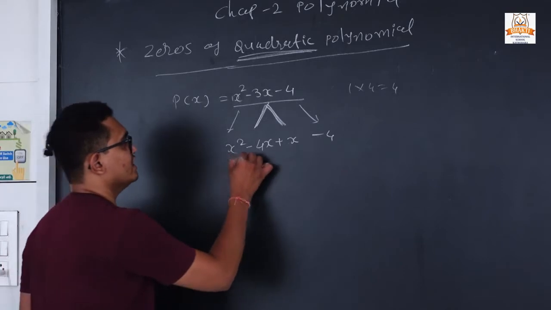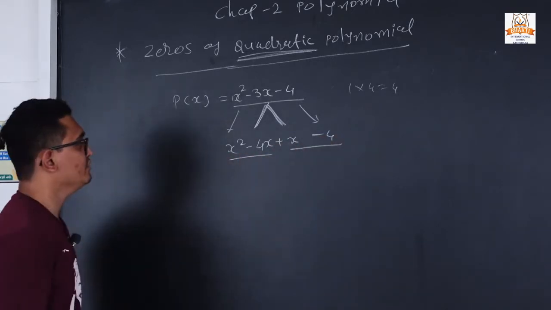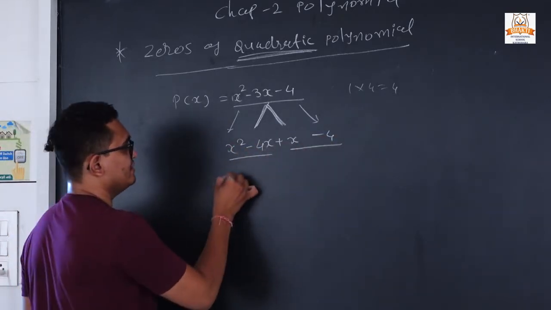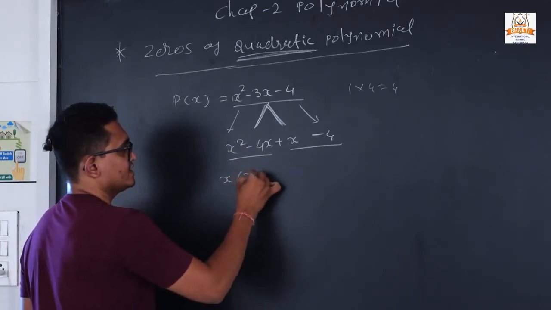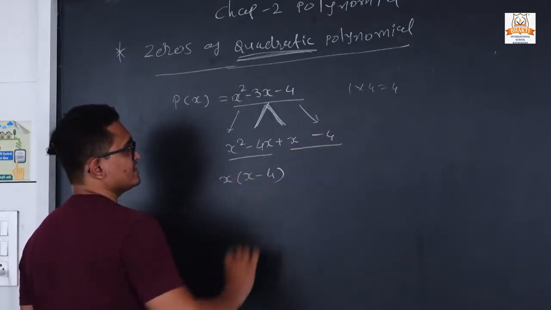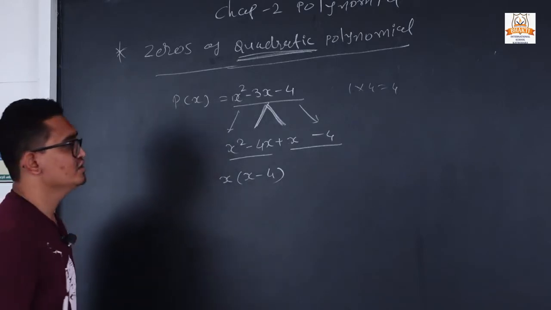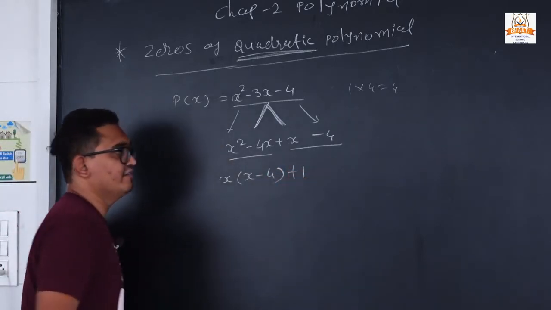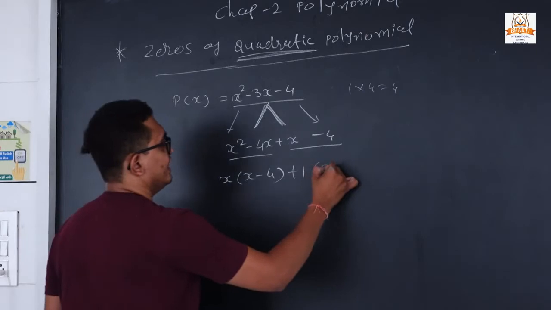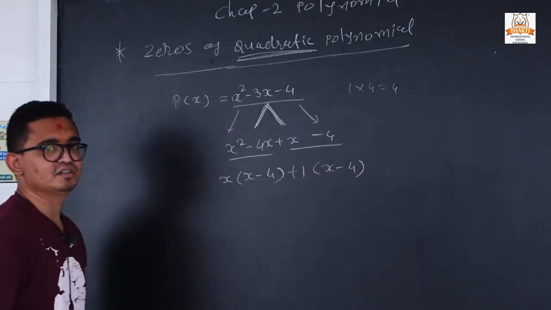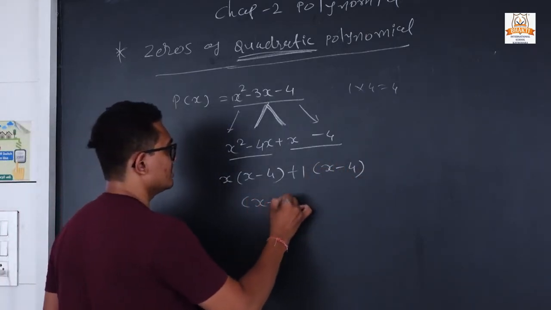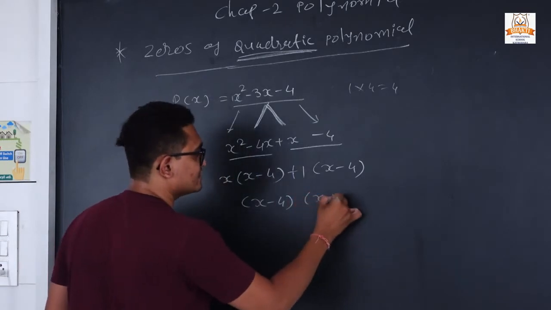So what are its factors? First of all, x is a common term between both, so x times (x minus 4). And here which term is common? There is no common term, so we can take 1. So 1 times (x minus 4). And the second bracket we have (x plus 1).